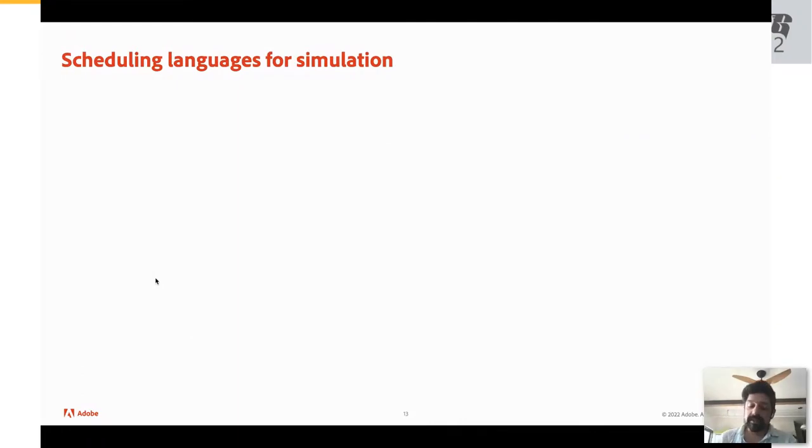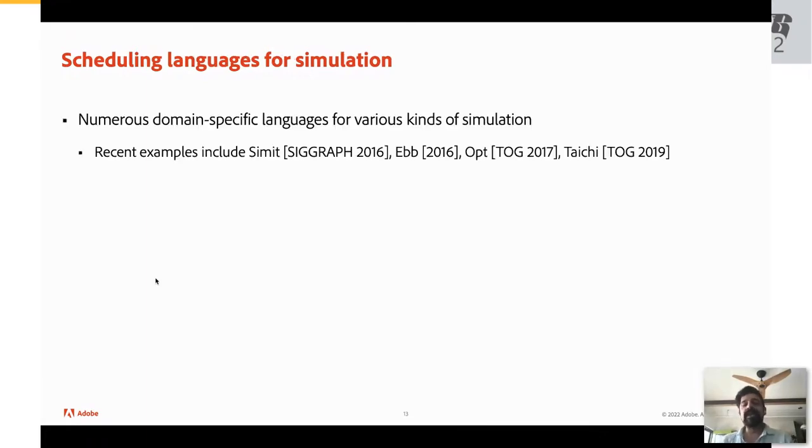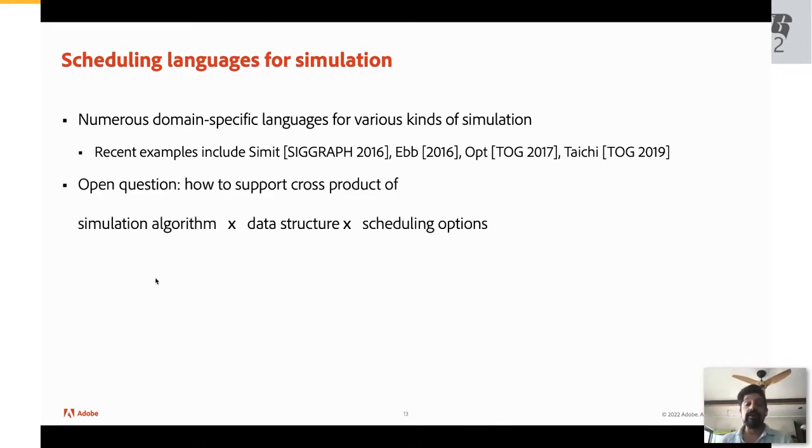Now, when it comes particularly to simulation, which is a big area of interest in graphics, I think we've had numerous attempts for various different kinds of simulation. Every year there's one or two languages that get published in venues like TOG or SIGGRAPH or HPG, and these are all fairly interesting, but none of them can really support the cross product of the simulation algorithm, the data structure, and the scheduling options based on that data structure and simulation algorithm.